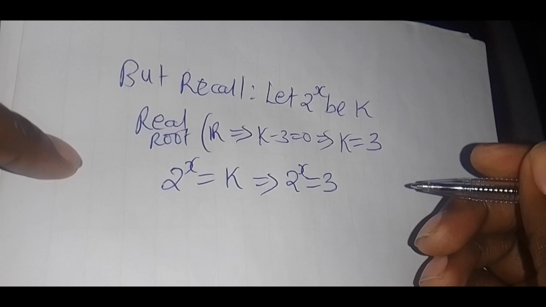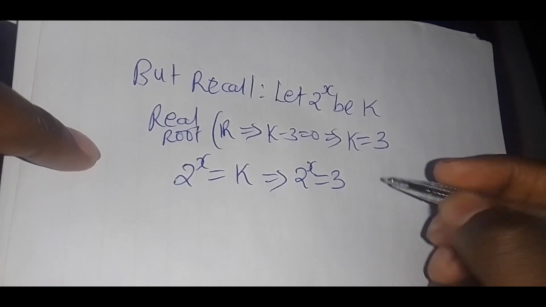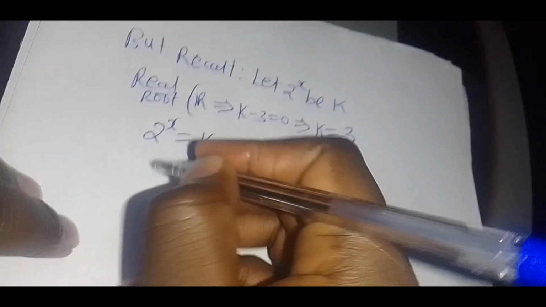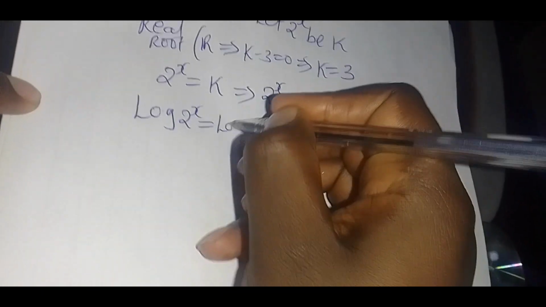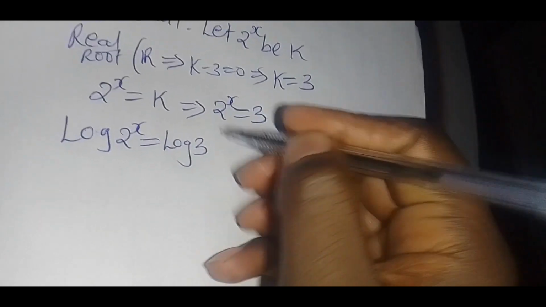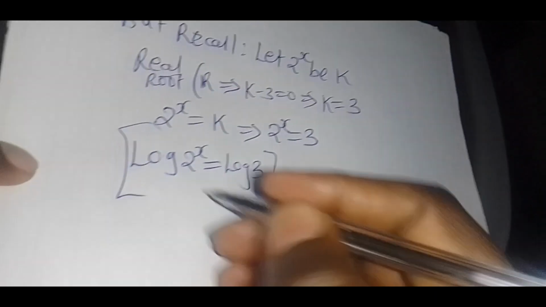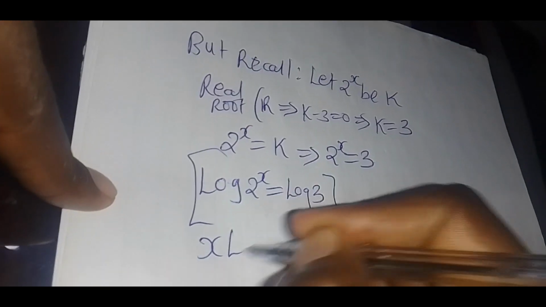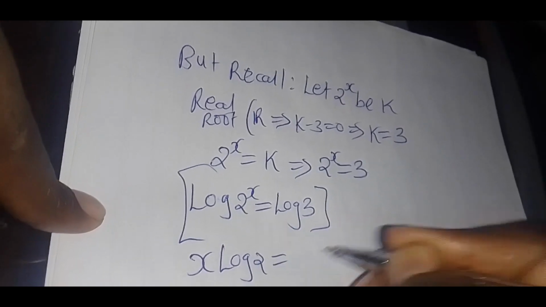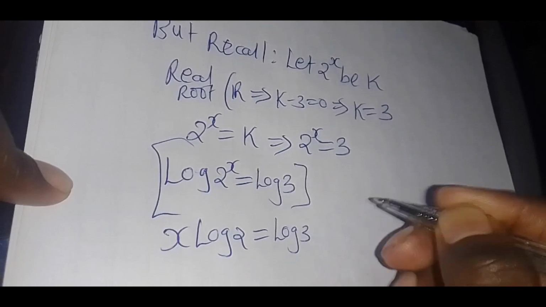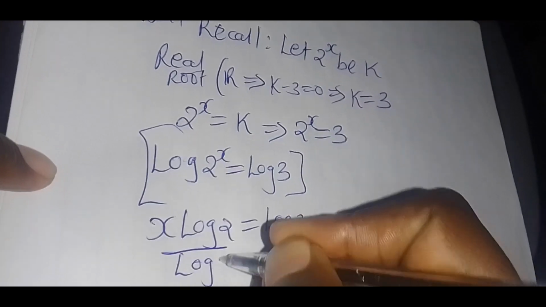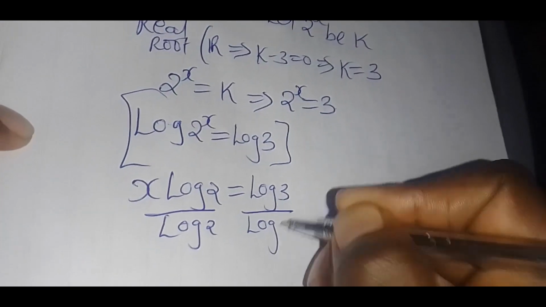So what we do, we introduce the logarithm identity. Therefore, we'll have log of 2 raised to power x is equal to log 3. We introduce logarithm on both sides. So we'll have x log 2 is equal to log 3. So we divide both sides by log 2.